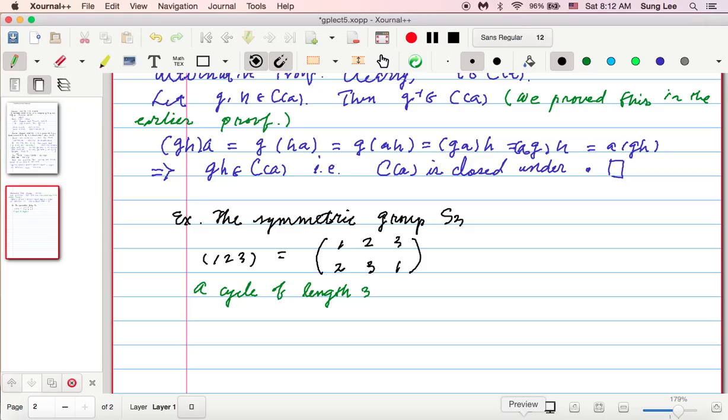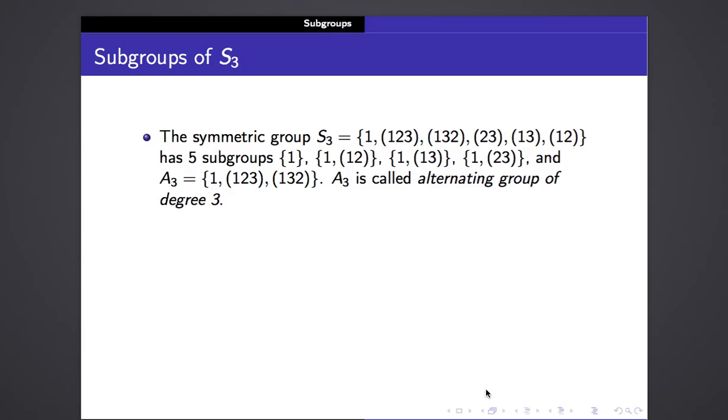Going back to my slides. All right, so this S3 has 5 proper subgroups.